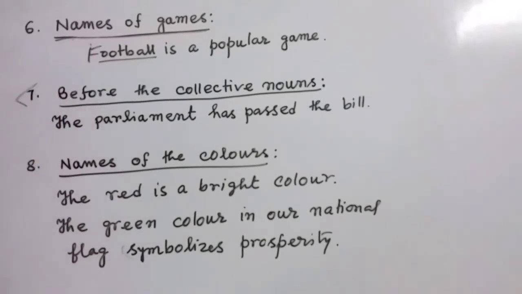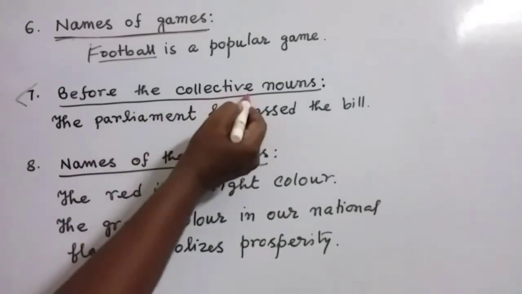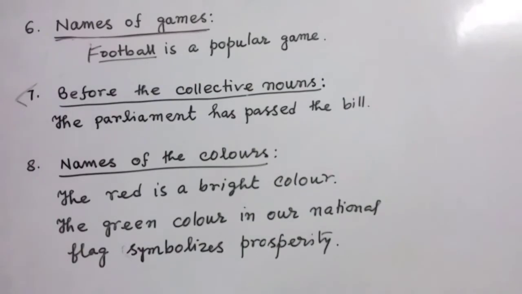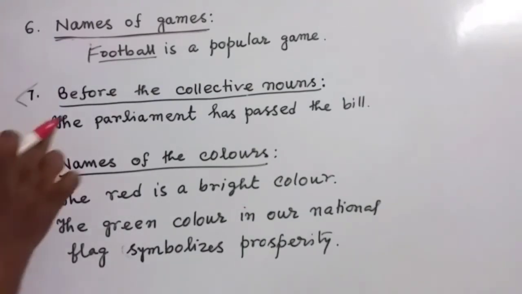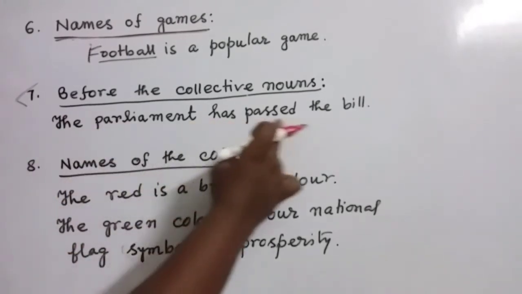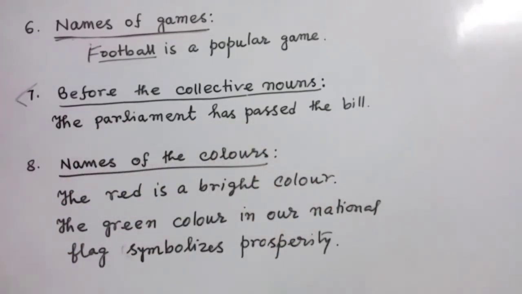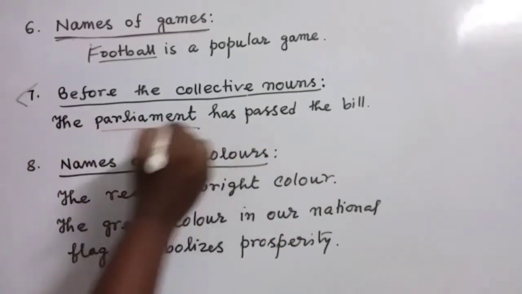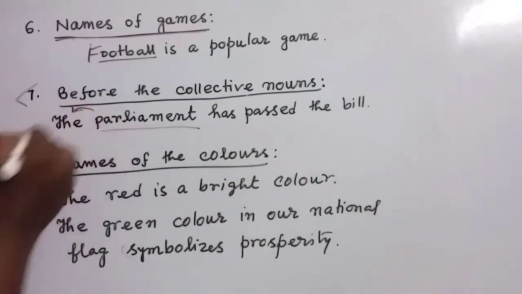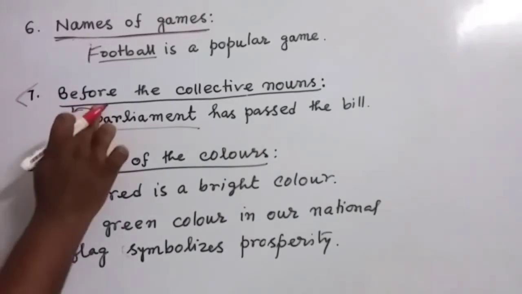Here, in example number 7, before the collective nouns, my dear friends, whenever these collective nouns are used in general sense, we cannot use article. Here, the parliament has passed the bill. My dear friends, parliament is a collective noun. Before that, we cannot use the.